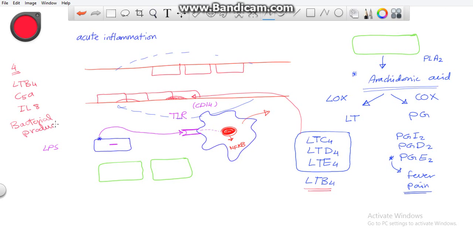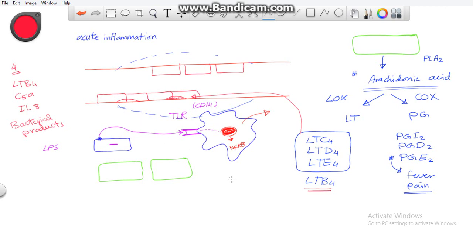These are really high yield points that you should really focus on and understand, because they are high yield for examination. Now, the next thing that we're going to talk about is mast cells.